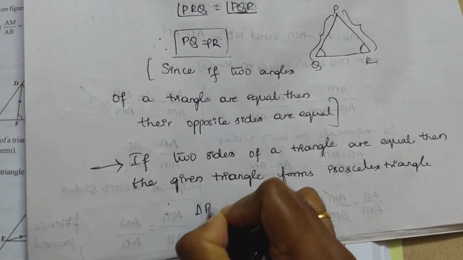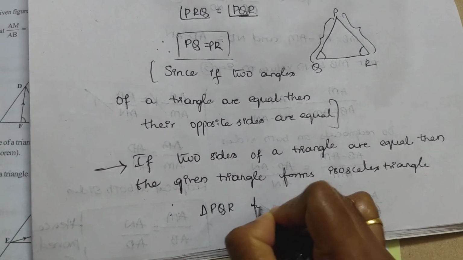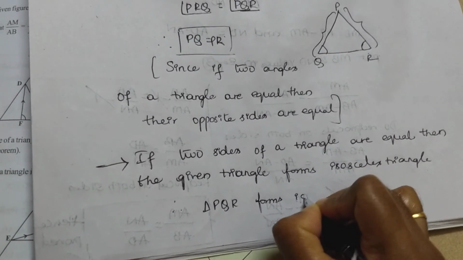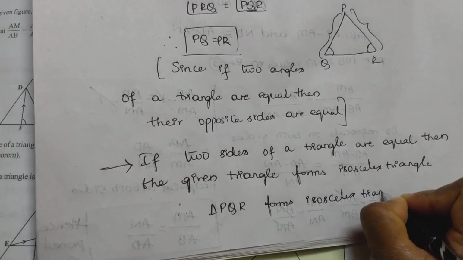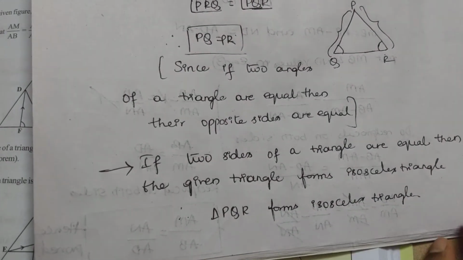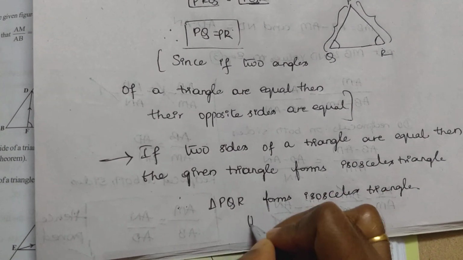Therefore, triangle PQR forms an isosceles triangle. Clear? They asked us to prove this only, right? Hence, proved.